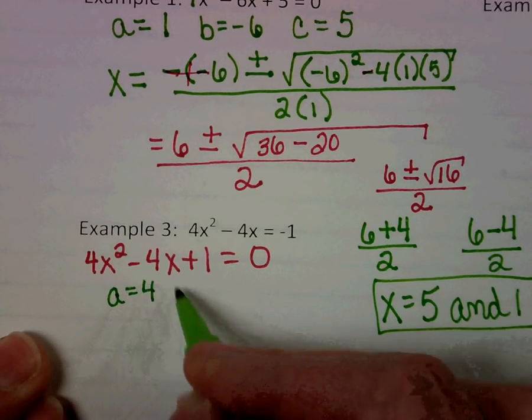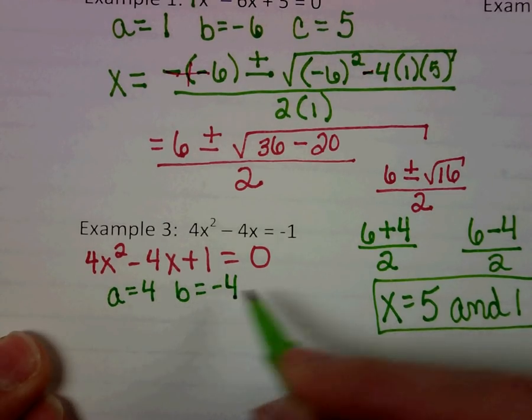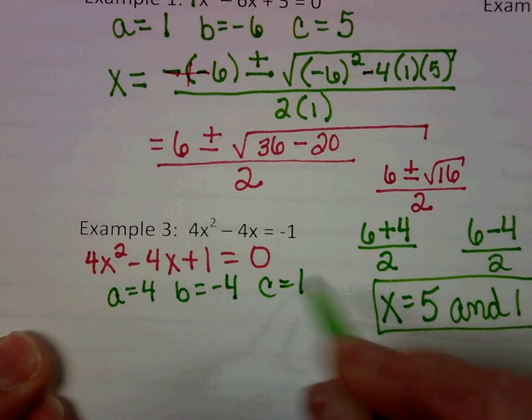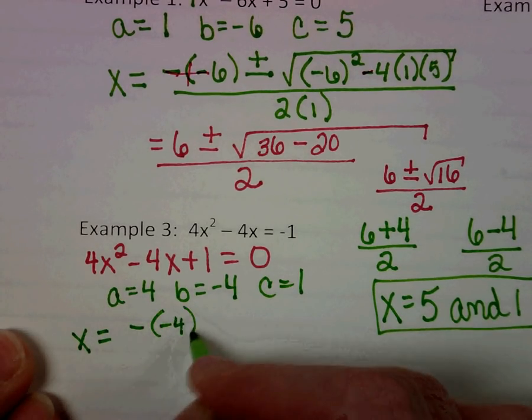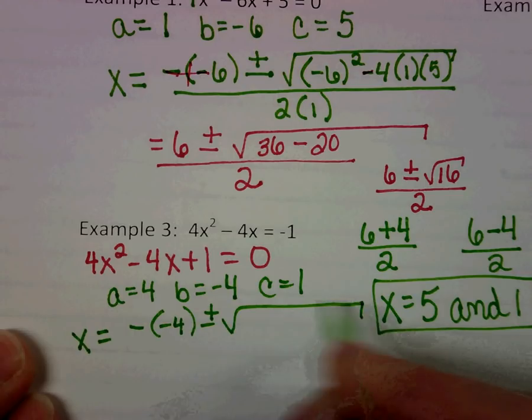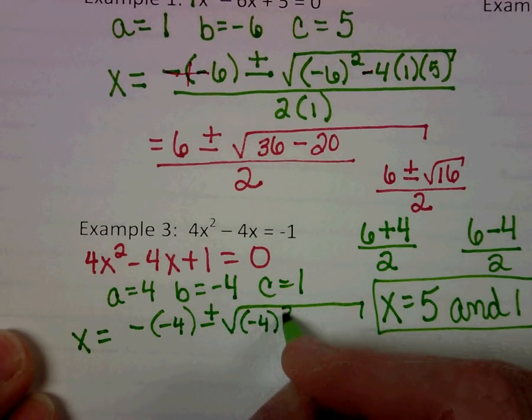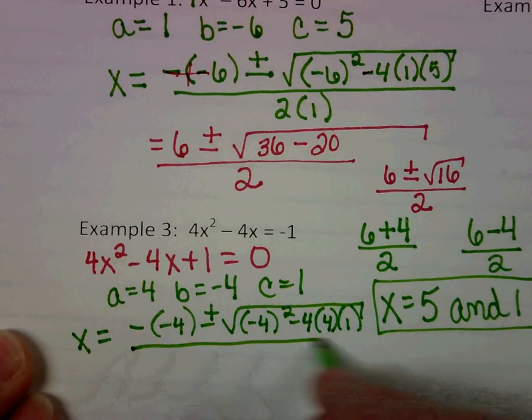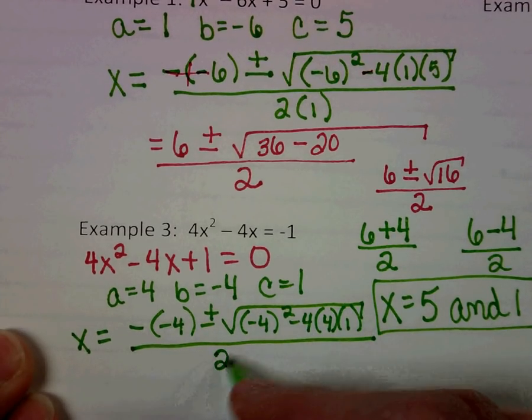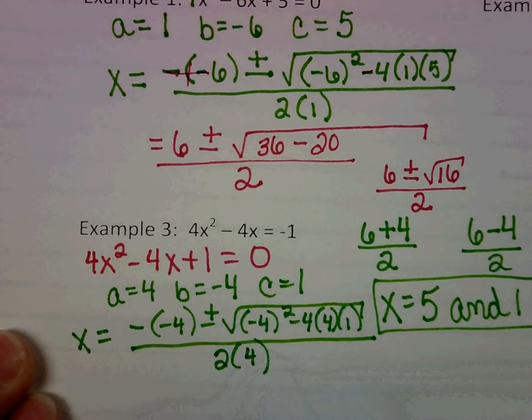Your A value is 4, B is -4, C is 1, so x equals -B plus or minus the square root of B squared minus 4 times 4 times 1. I'm going fast because you were supposed to already do this on your own. Okay.